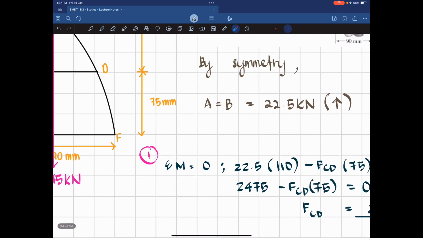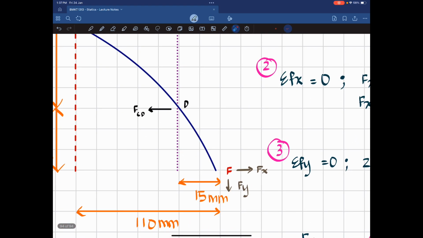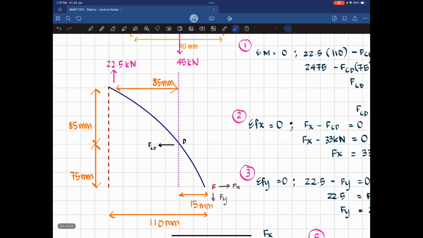So 15 millimeter is the distance between D and F. Now in our free body diagram we have all the distances that we need, which are 85, 75, 110, 15, and 85.